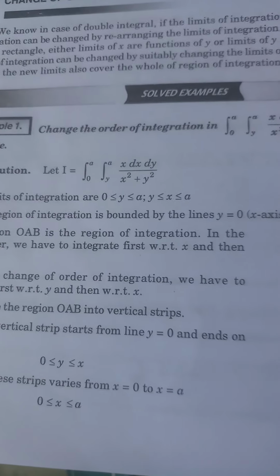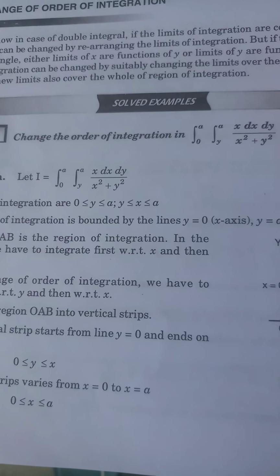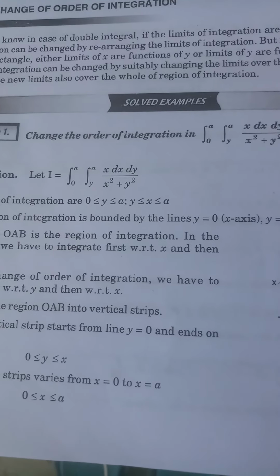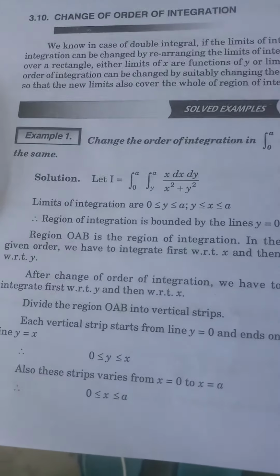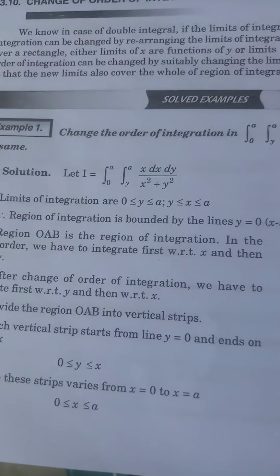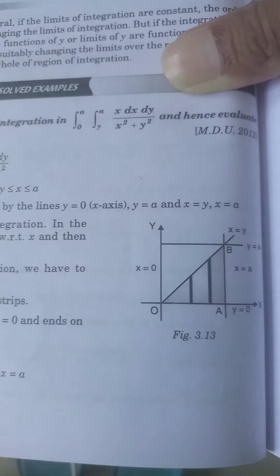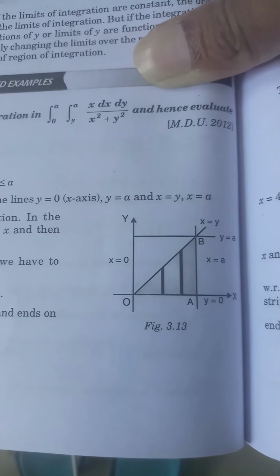Limits of integration are 0 less than equal to y less than equal to a, y less than equal to x less than equal to a. Therefore, region of integration is bounded by the lines y equal to 0, x axis, y equal to a, and x equal to y, x equal to a.